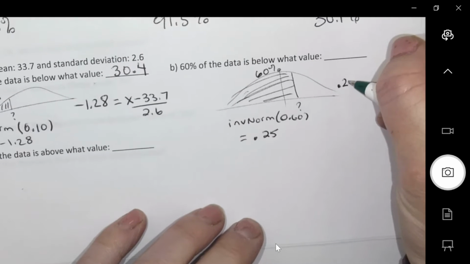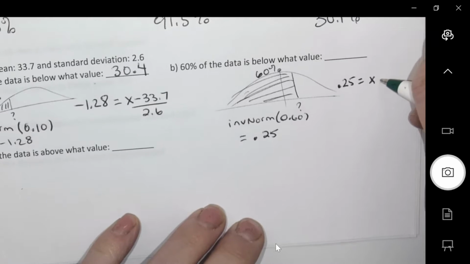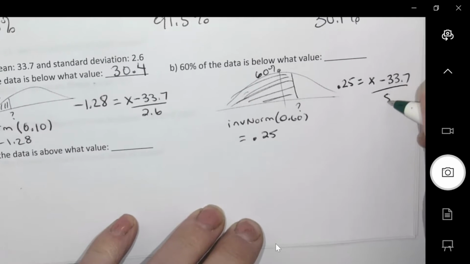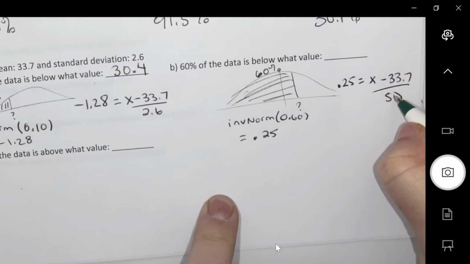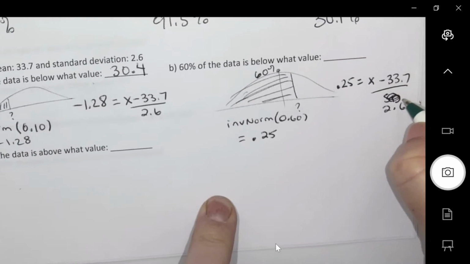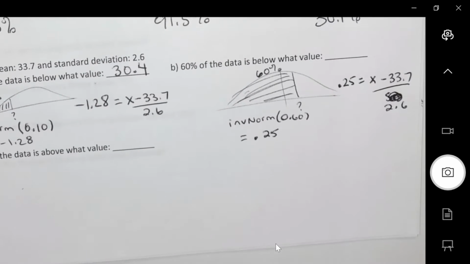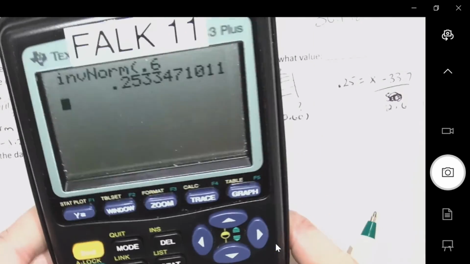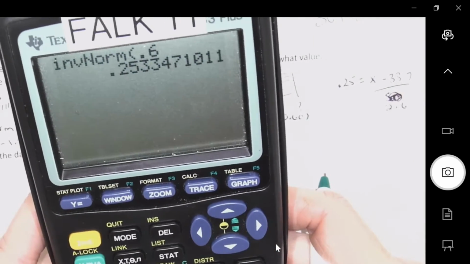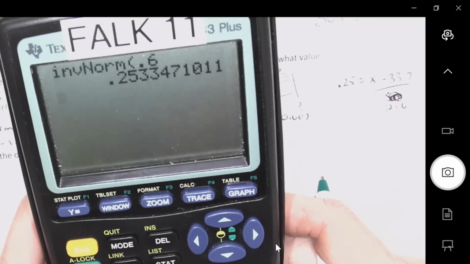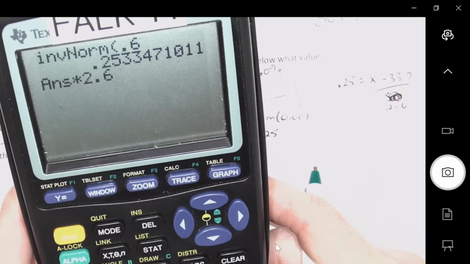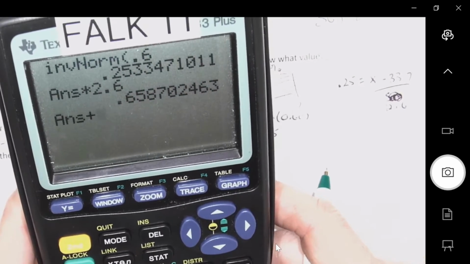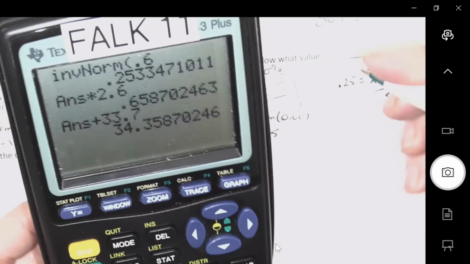So Z score equals my score minus the mean over the standard deviation, 2.6. By the way, I'm not rounding that 0.25. It's in my calculator. Times 2.6. Add 33.7.